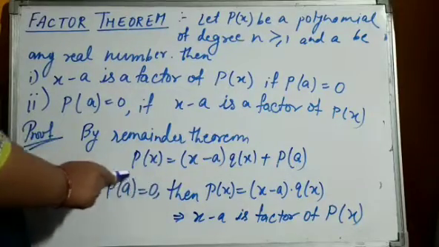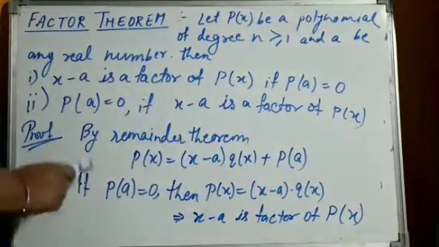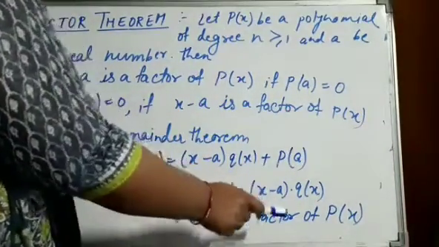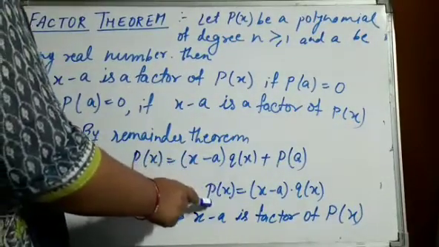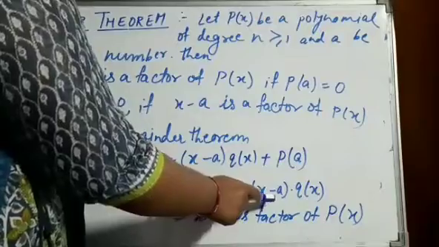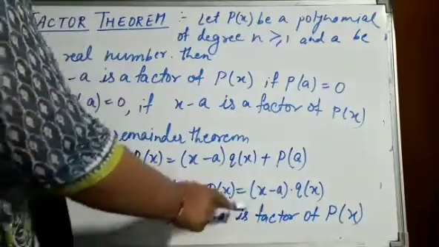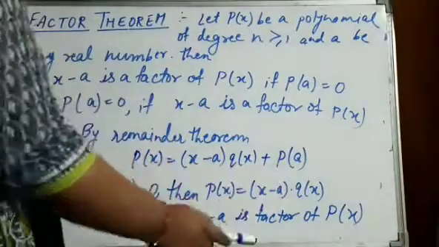Then we can write P(x) is equal to (x minus a) multiplied by Q(x). This means when P(x) is divided by x minus a, we do not get any remainder. And if any polynomial is divided by another polynomial and we do not get any remainder, then definitely x minus a is a factor of P(x).